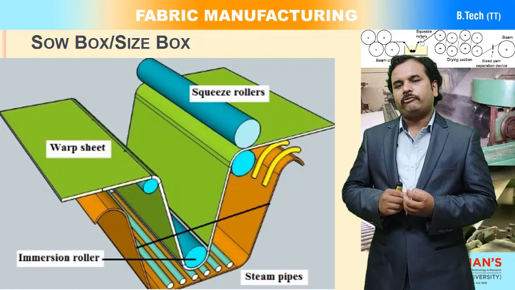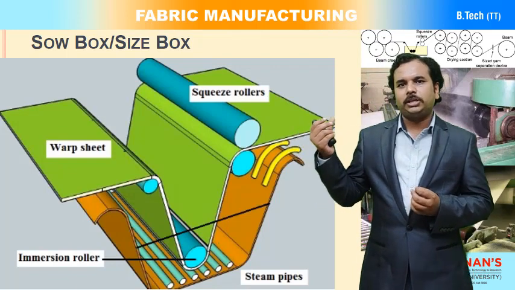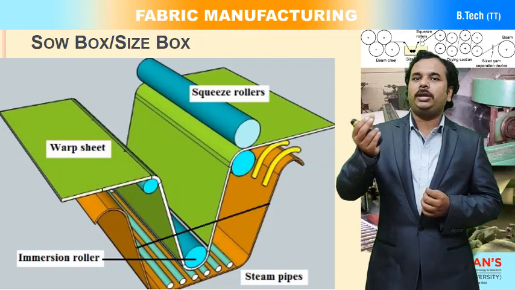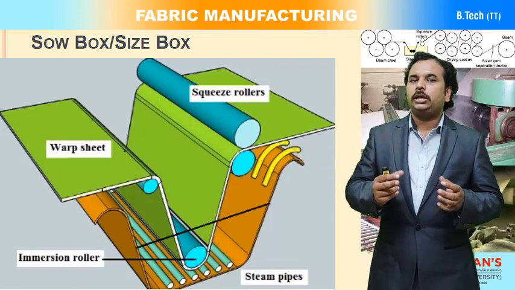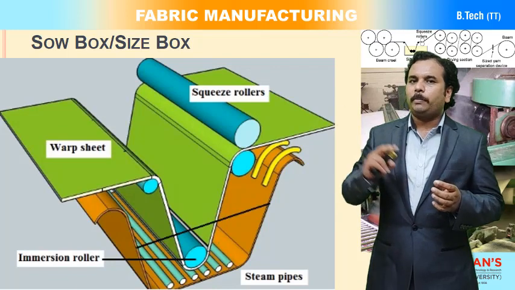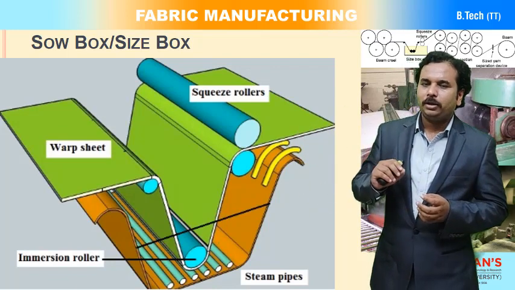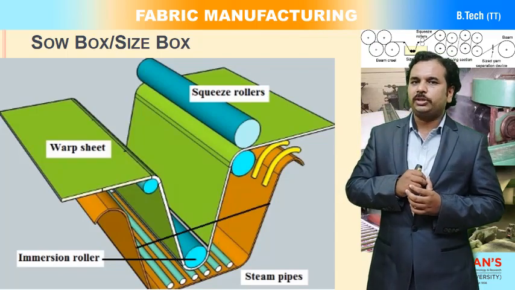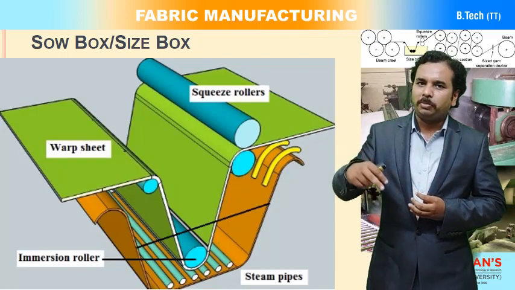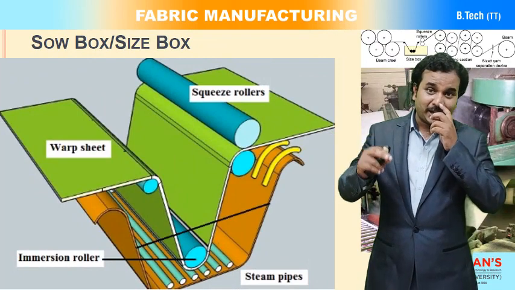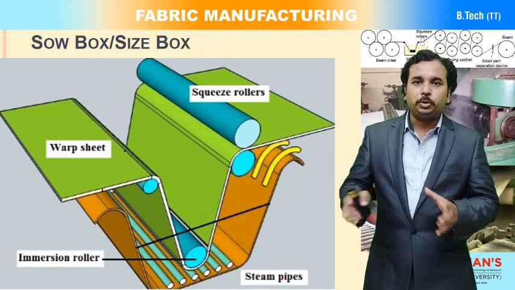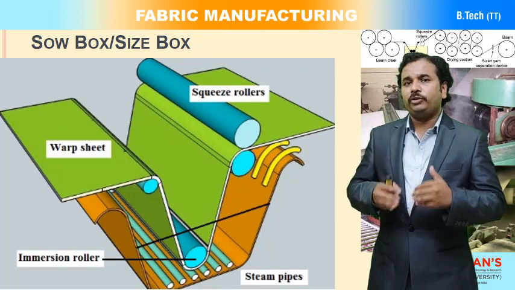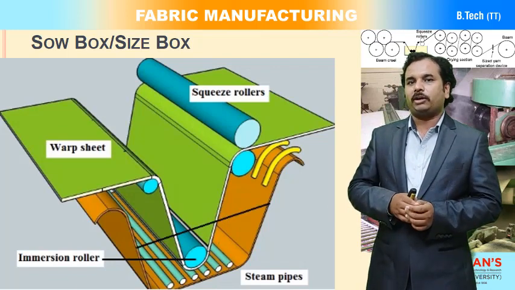Generally from the storage vessel, the size paste is transferred into the size box through pipelines by using valves and a pump. If you keep this size paste without giving it any temperature, then what will happen?